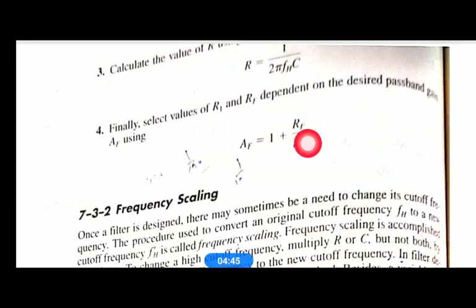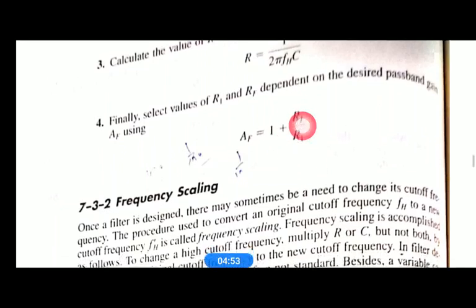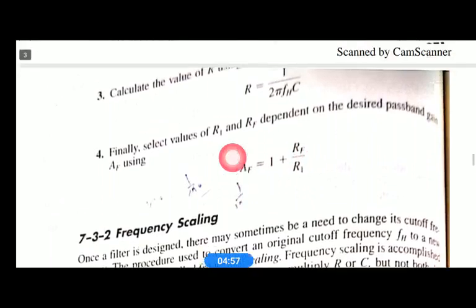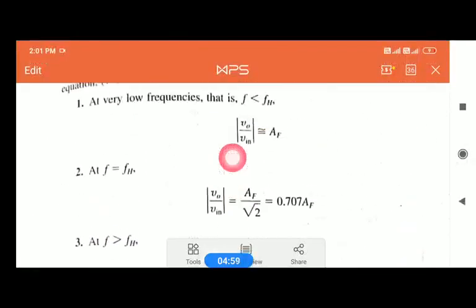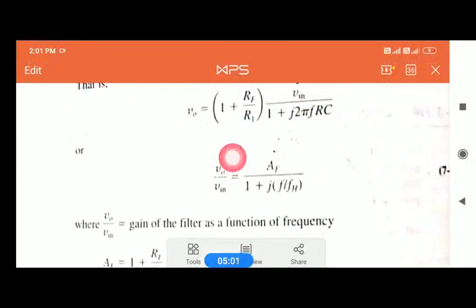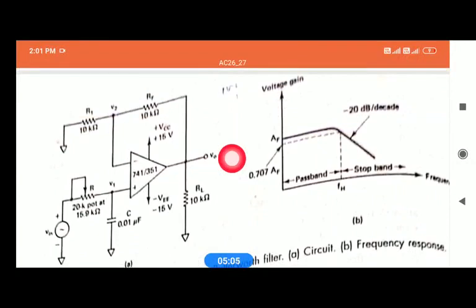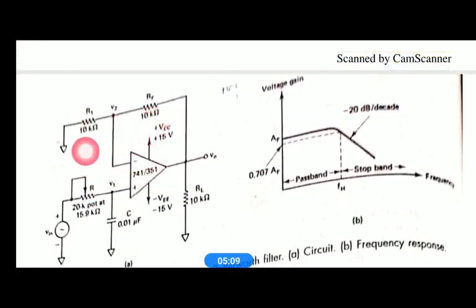So when you need a gain of 2, you need to select RF and R1 such that both are equal. We selected 10 kilo divided by 10 kilo, which is 1, plus 1 gives you 2. So the designed circuit is this one, which we studied in the previous session, where R1 and RF are 10k.